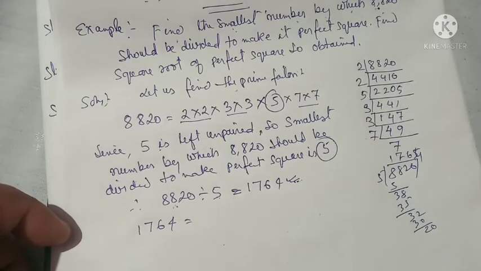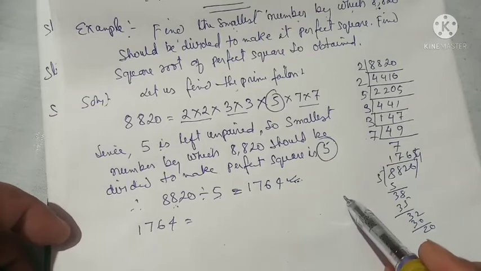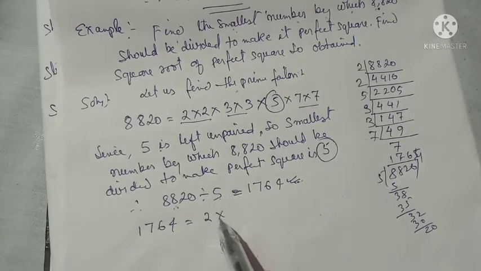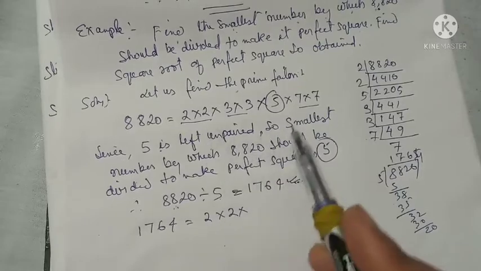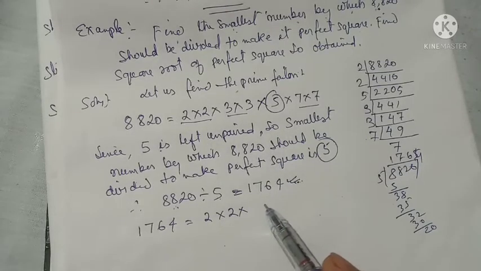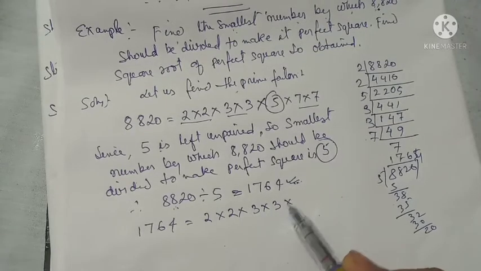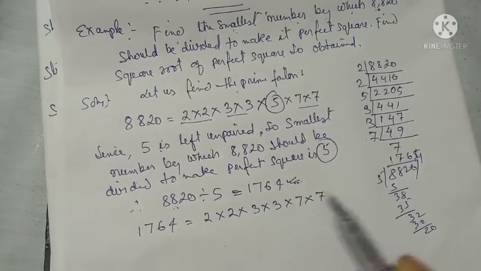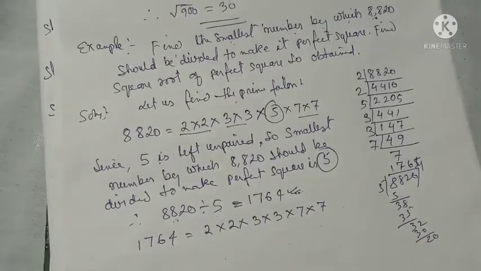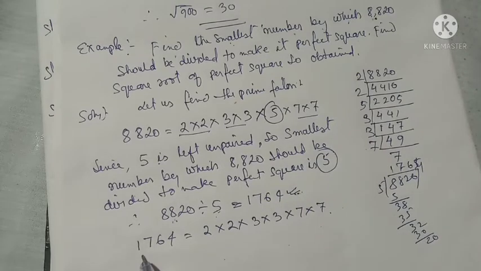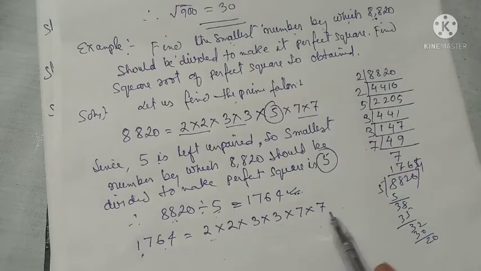The square root of 1764, again we can find here. Let's see. 2 2, 3 3, into 7 into 7. Now 5 is no more here. So if you take the prime factorization of this 1764, you will get these factors.